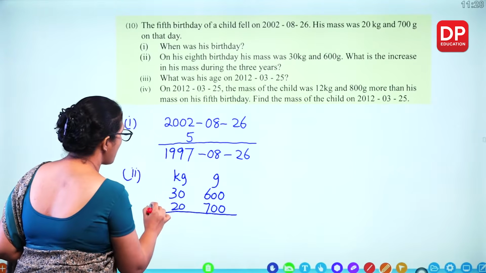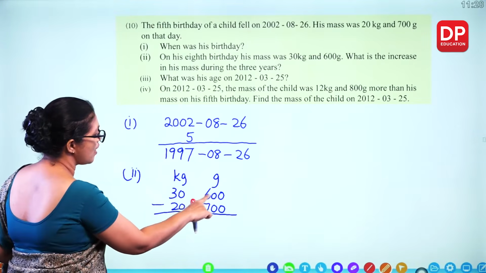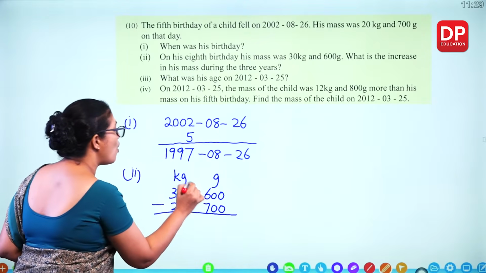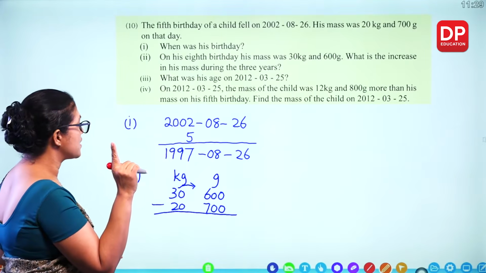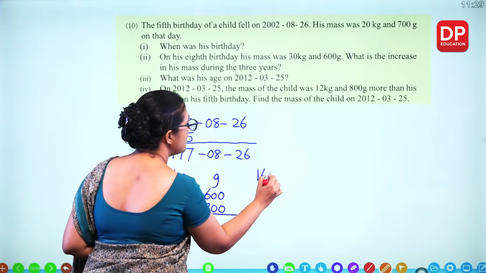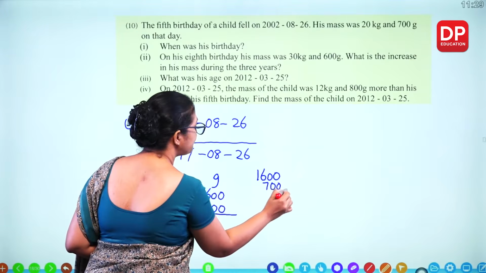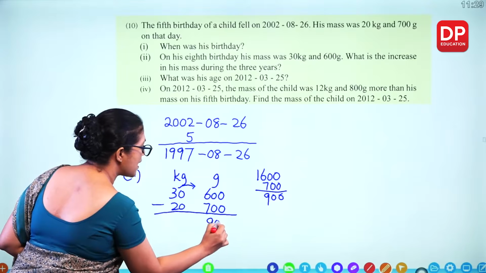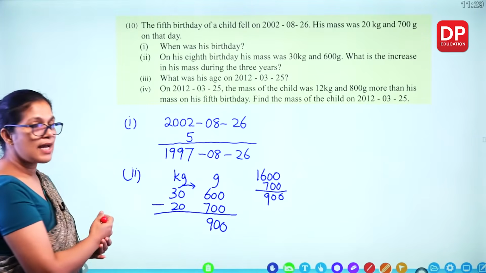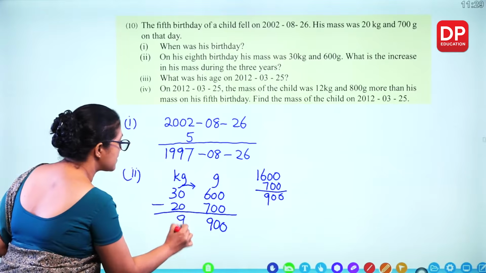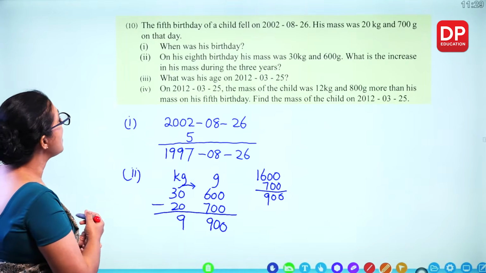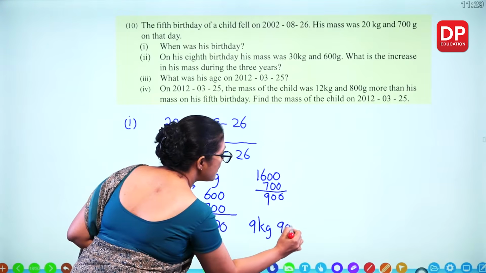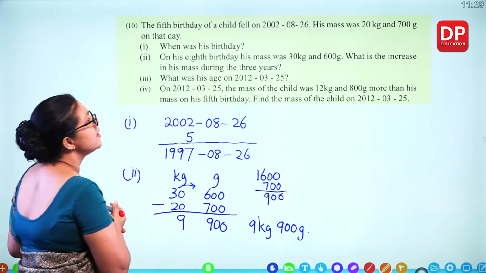So when you subtract, what do you get? You can't subtract 700 from 600. So you have to take 1 kilo. 1 kilo means 1000 grams. 1600 minus 700. What do you get? 900 grams there. So this becomes 29 minus 20. That's 9. 9 kilos and 900 grams increased.